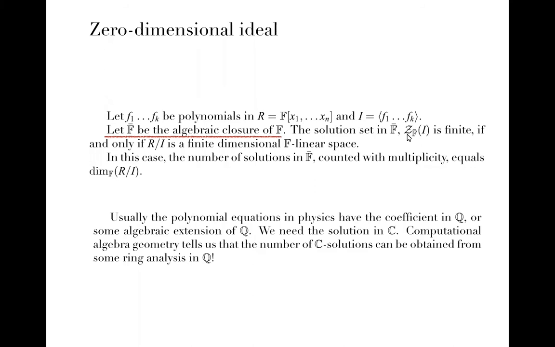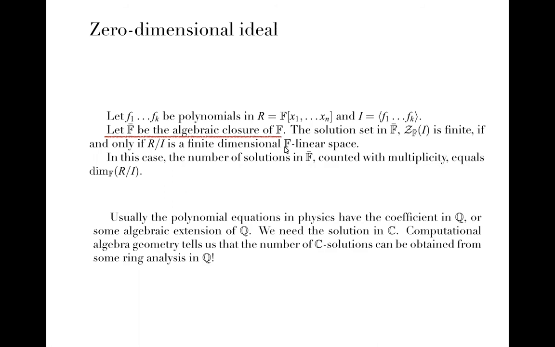Why? Because this Z_F bar is about points in the complex plane. It's a complex, high dimensional space. But this R is defined over Q, with Q coefficients, and it is a linear space with Q coefficients.